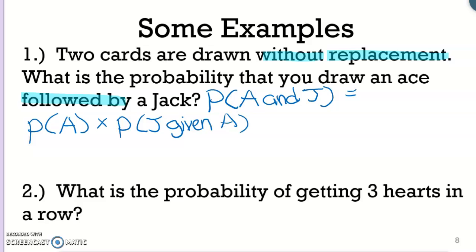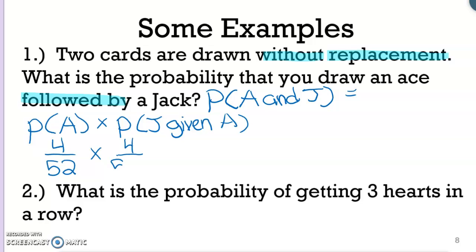So let's think about how this works. The probability of getting an ace: there are 4 aces in a deck of cards, so we have a 4 out of 52 chance of getting an ace. But now imagine that I gave you an ace and you're holding that in your hand. Now the probability of getting a jack, there are 4 jacks, but there's not 52 cards in the deck anymore.